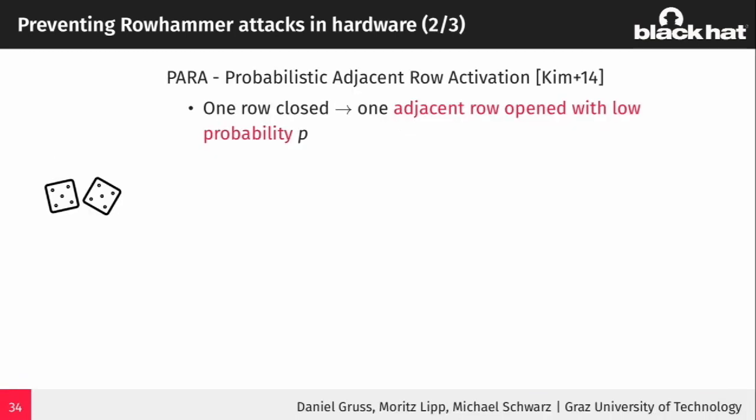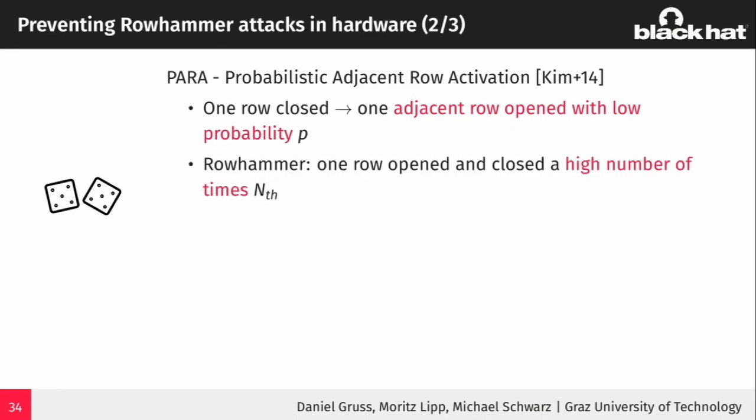But these are not the only proposals. There were a lot of proposals afterwards of researchers trying to prevent the row hammer effect. For example, PARA, the probabilistic adjacent row activation, which was also in the original paper still. So every time a row is closed, we open with a certain probability an adjacent row.